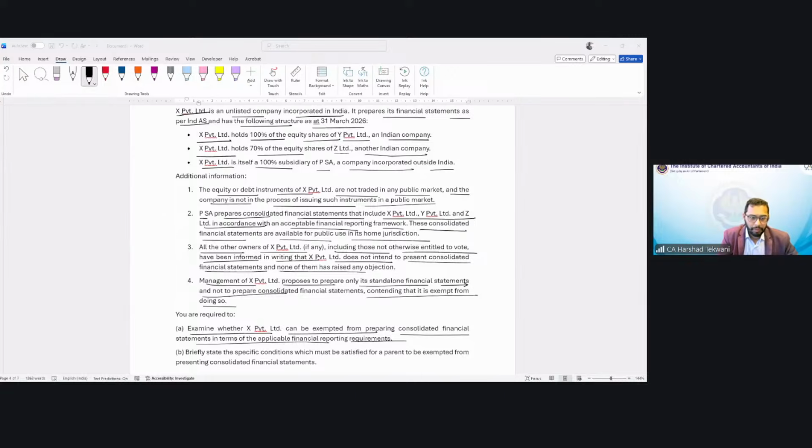But in this case, X Private Limited holds 100% of the equity shares of Y Private Limited, an Indian company, and Z Limited, another Indian company. So, considering this point, X Private Limited has to prepare the CFS.